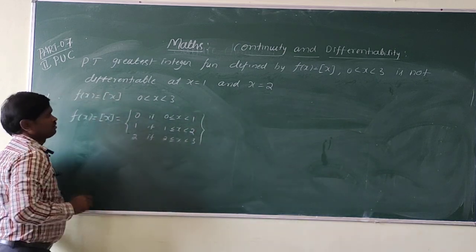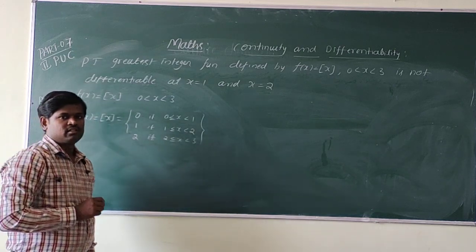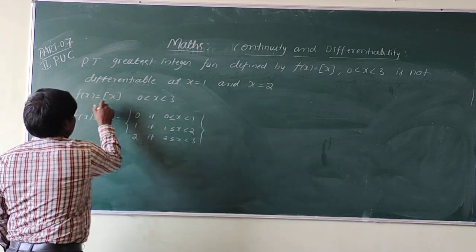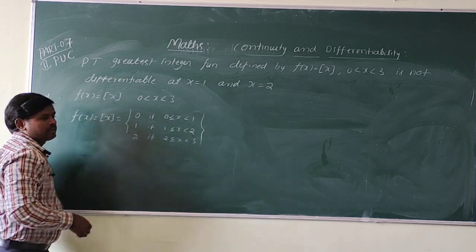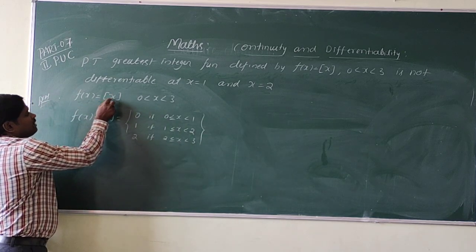So we already know the definition of the greatest integer function. [x] means the greatest integer less than or equal to x.